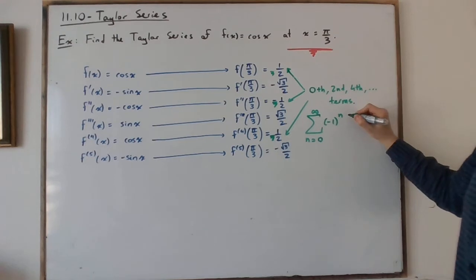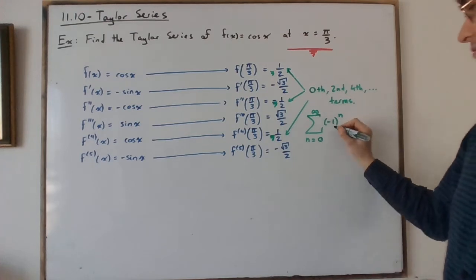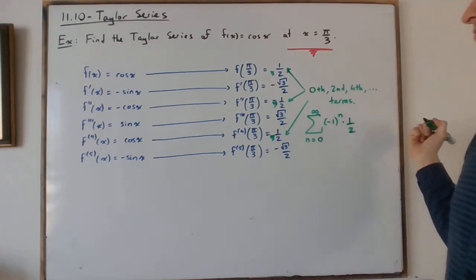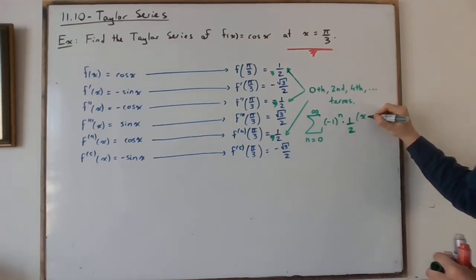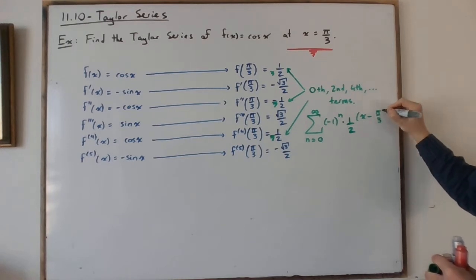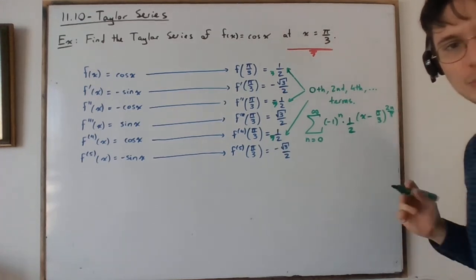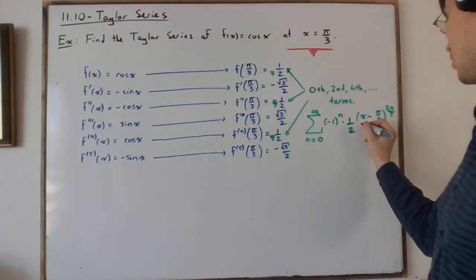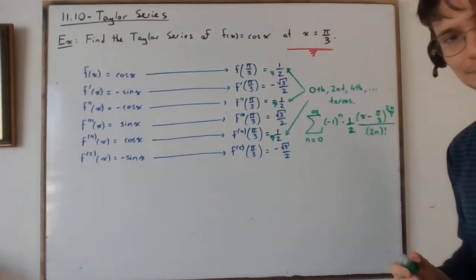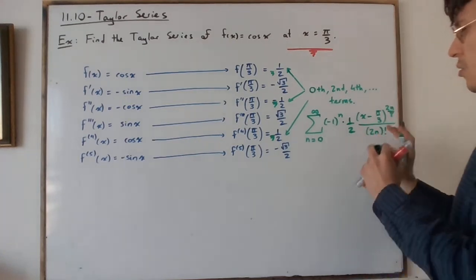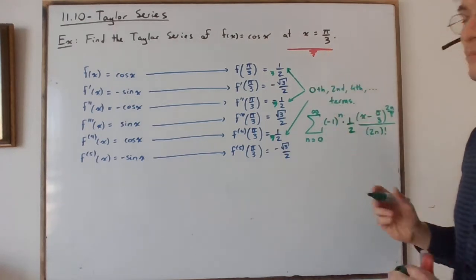So we're going to have our 1/2, multiplied by x minus pi over 3 to the power of 2n. This 2n is important because we're counting only the even terms. And this also means that we're going to divide by 2n factorial.